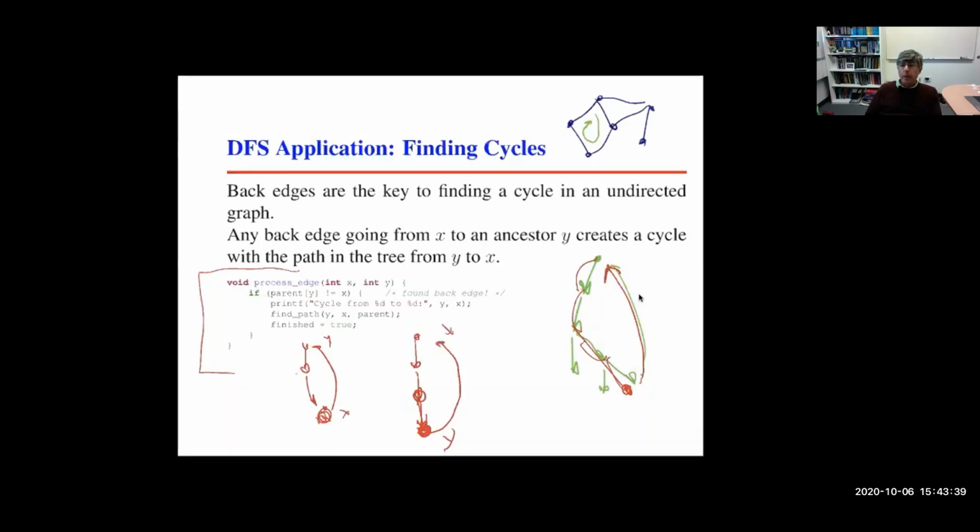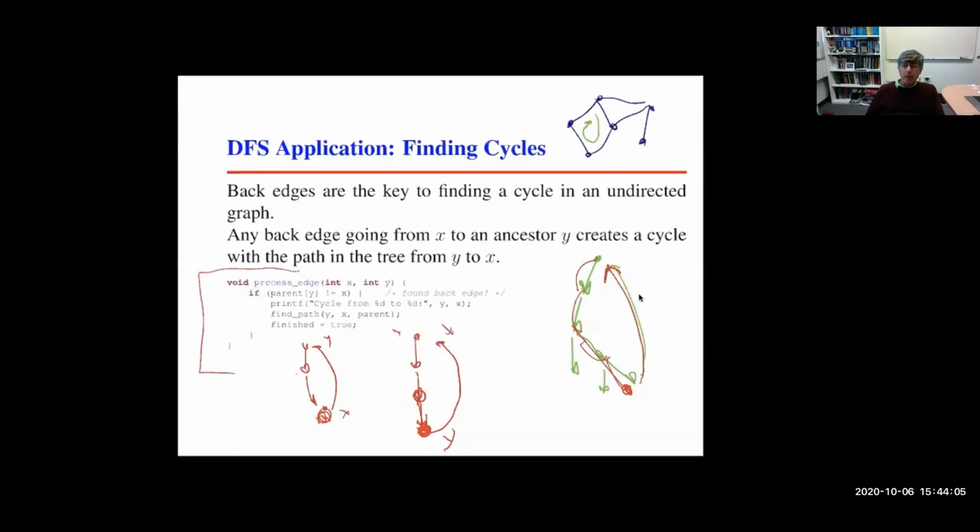And if that is true, then I have found a cycle. Basically, the path from x to y in the tree, plus this back edge, gives me my cycle. Any questions about that?